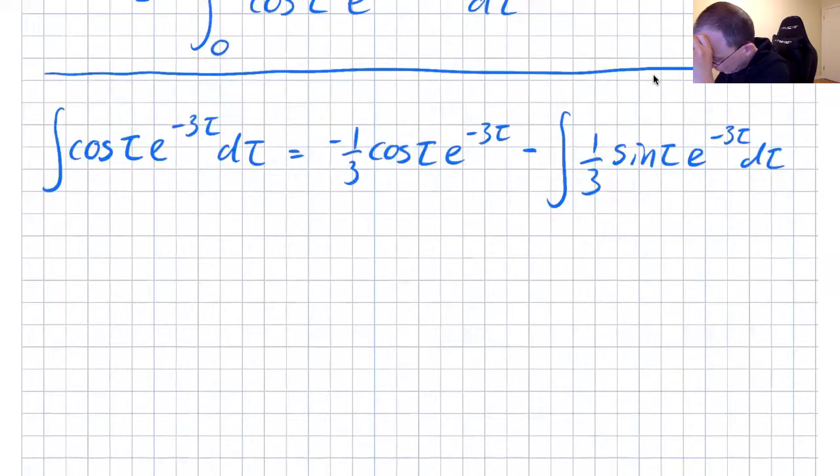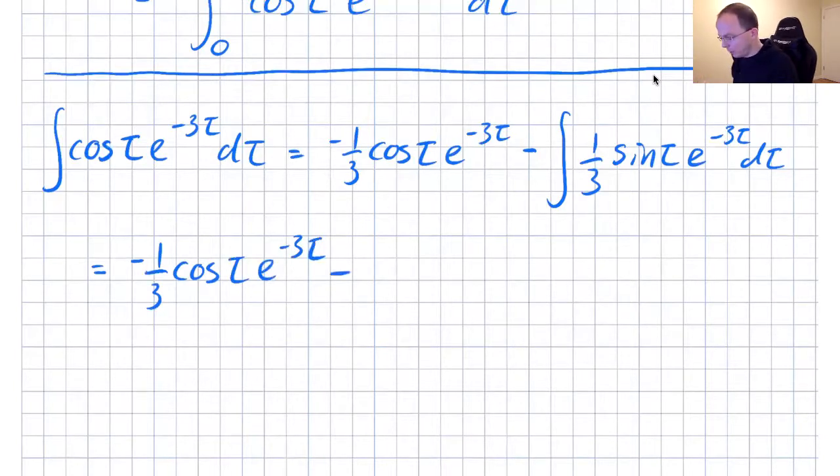Okay, so now I might need a little bit more space here. So let's put this over here. So we have minus 1/3 cosine tau e to the negative 3 tau minus, now we do another round of integration by parts. So we'll get minus 1/3, and now we're going to do another integration by parts here on this sine tau e to the negative 3 tau.